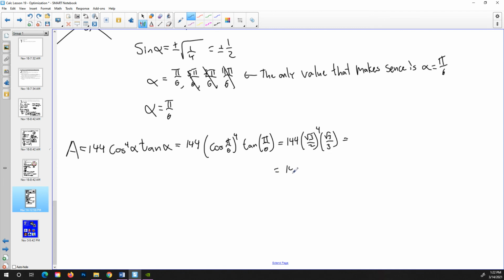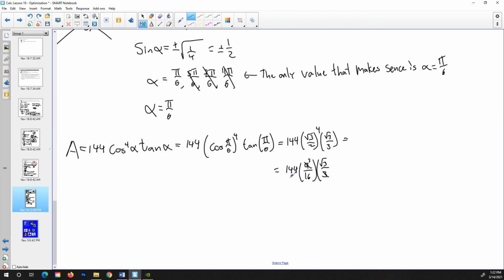So 144. And then the square root of 3 to the 4th power will give me 9. 2 to the 4th power will give me 16. And then I'll have square root of 3 over 3. All right, so I can cancel out a 3 here. Cancel out a 3. I'll have a 3 there.